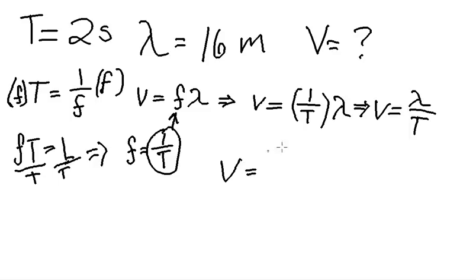The velocity of this wave is going to be the quotient of 16 meters, because that's our wavelength, divided by our time period, which is 2 seconds per cycle. So 16 divided by 2 is 8, meters divided by seconds, and that's our velocity. So that takes care of the first one on your Waves calculation review.